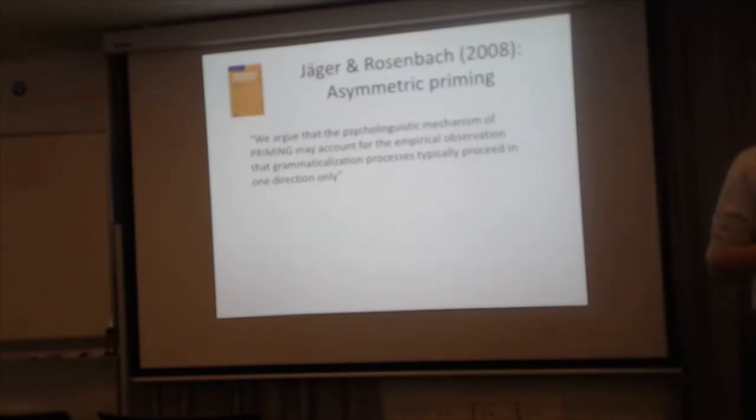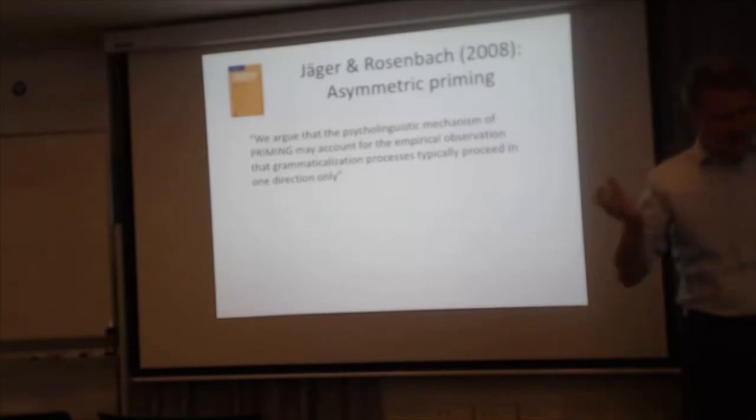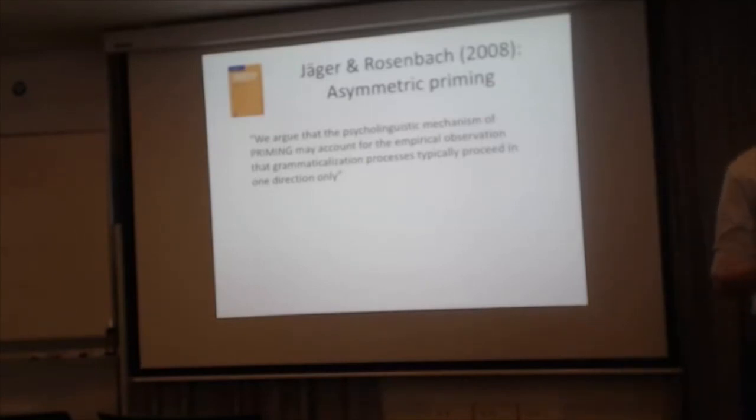And one of the things this concerns is meaning. So meaning developments in grammaticalization tend to start with something concrete, something very specific, words that encode lexical meanings, and these lexical meanings tend to become more abstract and more schematic.